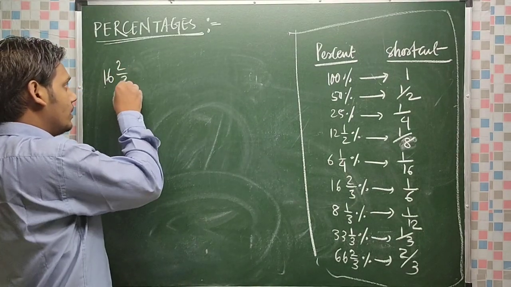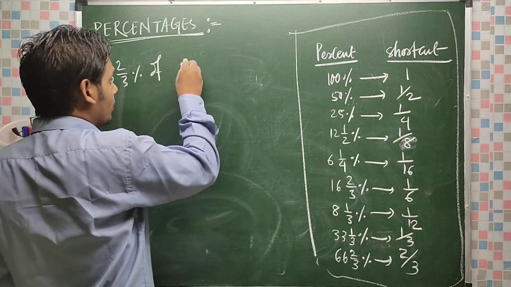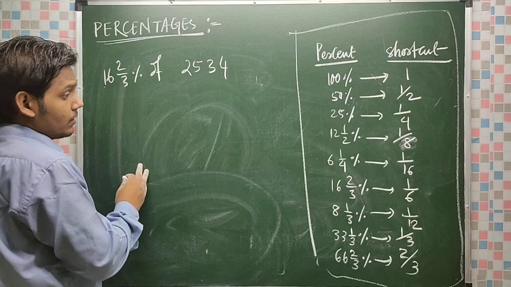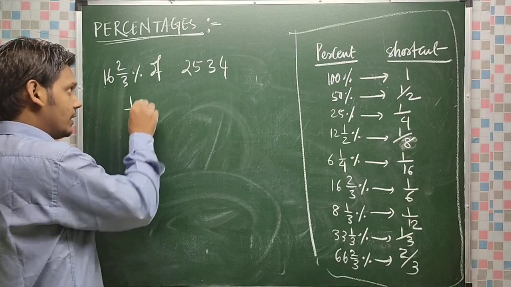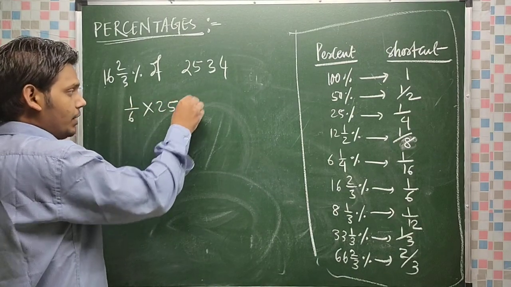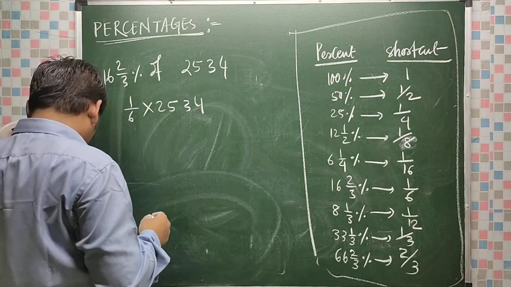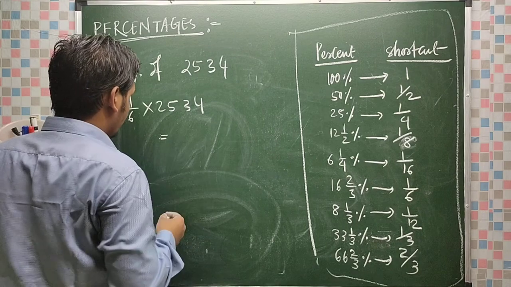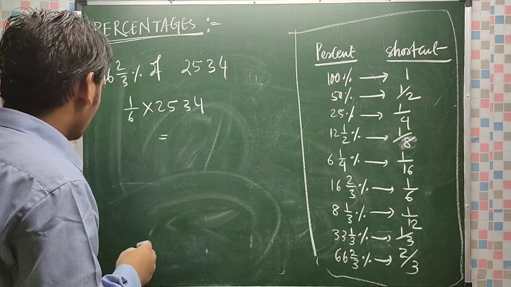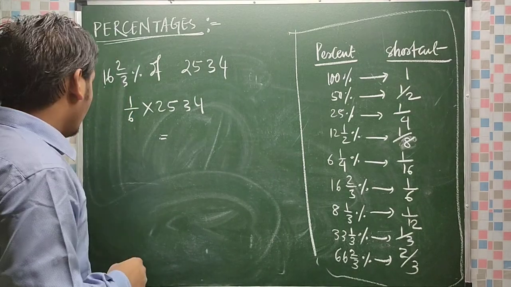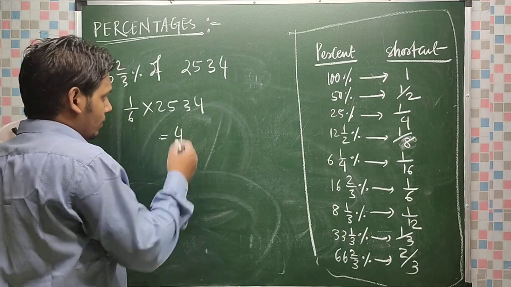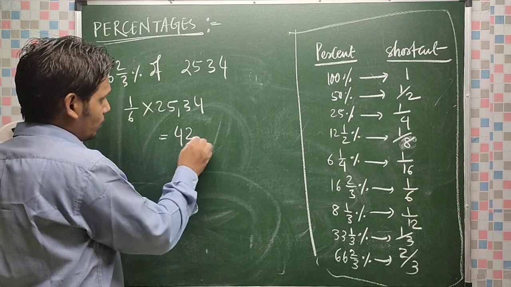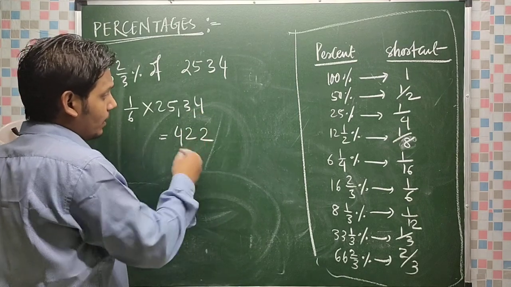16 whole 2 by 3% of 2534. That means how much we have to take? 1 by 6 of 2534. So now what you have to do? 6 4 24. That means 6 2 12.